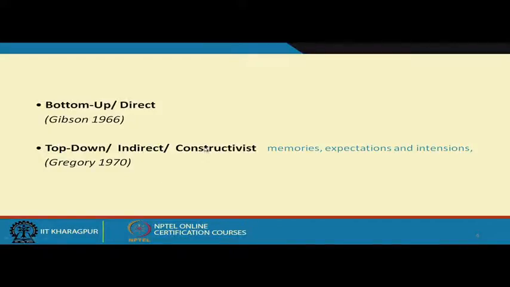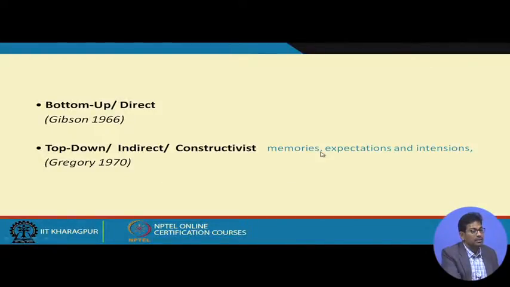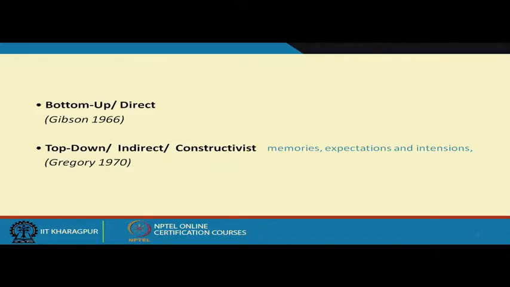So in this particular case, you have relied on your memories, expectations and intentions. As soon as there were other words relating to music and other performing arts or culture, your memory or your expectation immediately mapped it with the word that this word is nothing but dance, which was not happening previously.